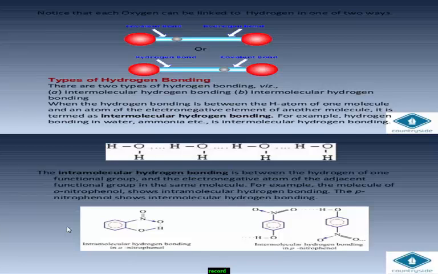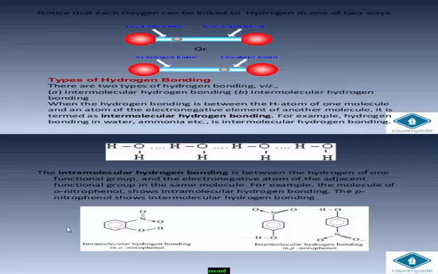Remember, when the hydrogen bonding is between the hydrogen atom of one molecule and an electronegative atom of another molecule, it is termed intermolecular hydrogen bonding. Simply, the bond formed between two different molecules of the same or different compounds is known as intermolecular hydrogen bonding.